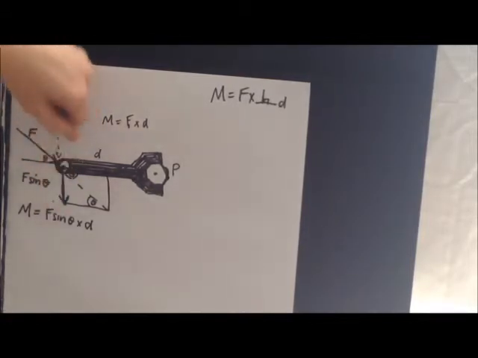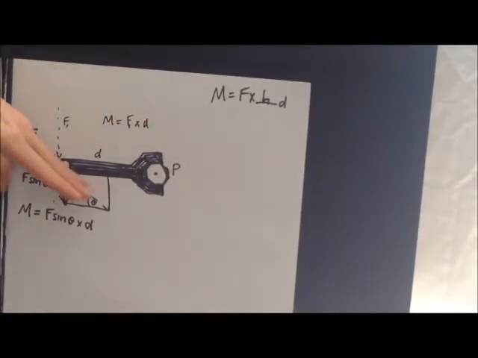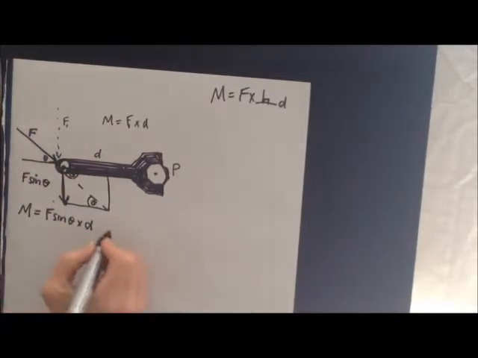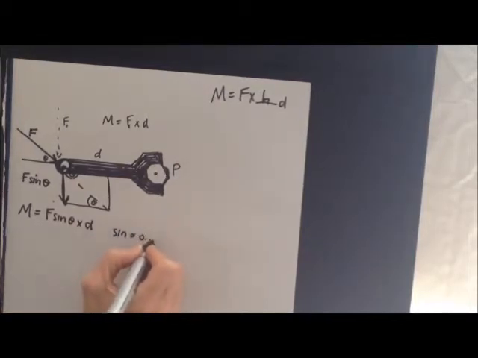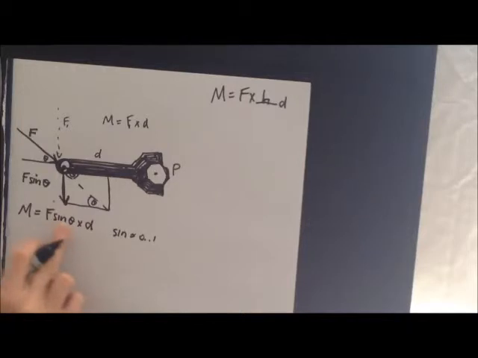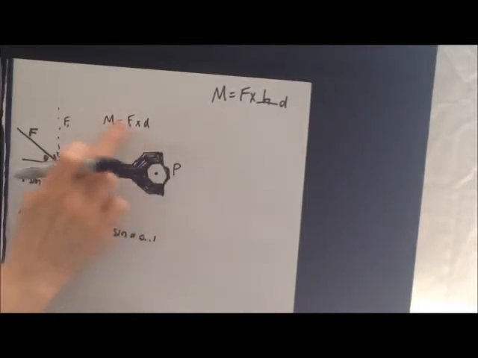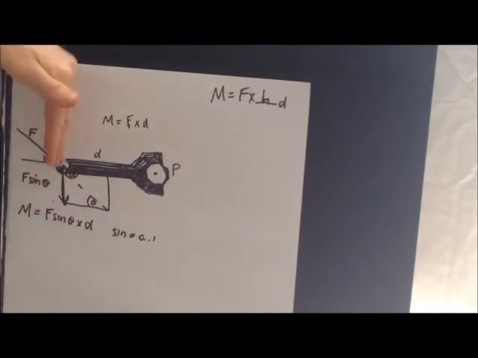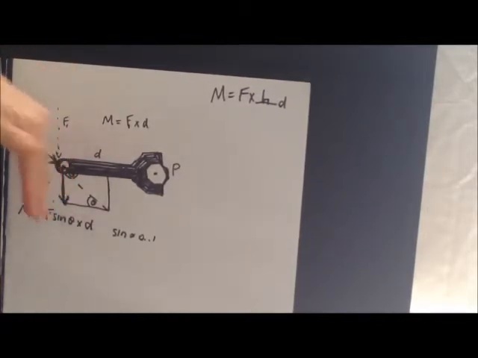When you push straight down on the spanner, your moment is F times D. But when you press obliquely on the spanner, your moment is only F sine theta times D. And because sine theta goes from 0 to 1, F sine theta is always going to be smaller than F. So that moment there is smaller than that moment there. That shows you that pressing obliquely is not as efficient as pressing straight down at a perpendicular angle to the moment arm.